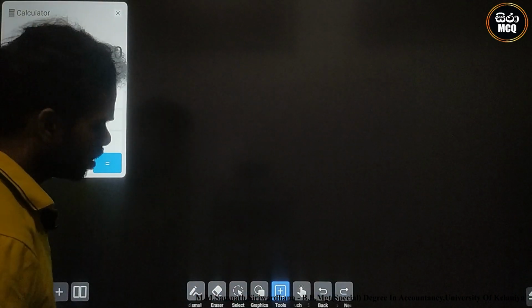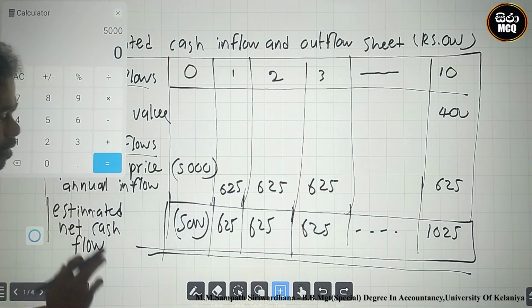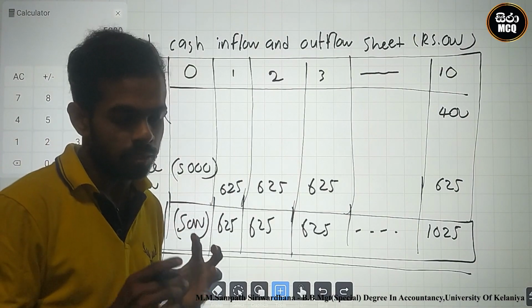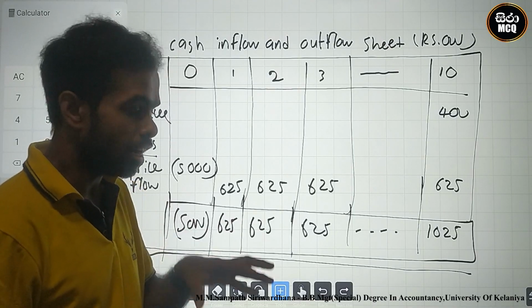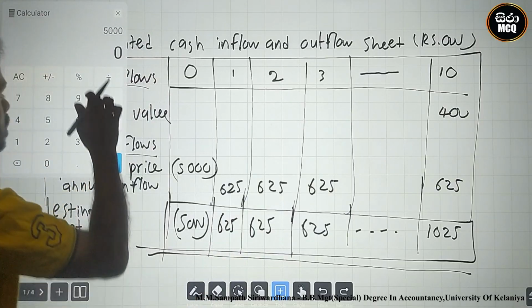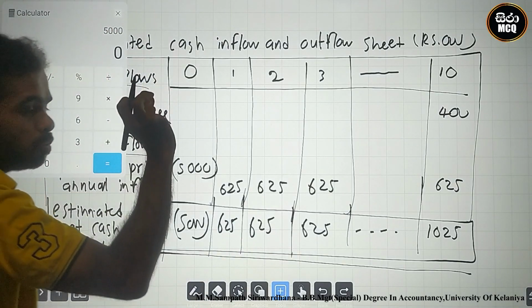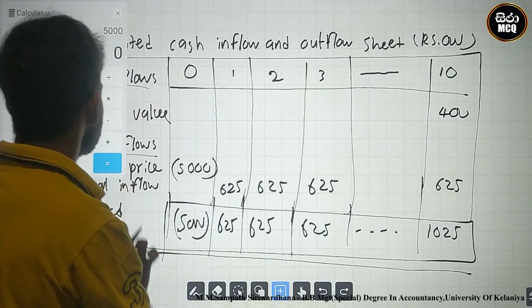Look here, 5,000 is the initial investment. Within 1 year 625 is covered, then in the second year another 625. How many times 625 do we need?